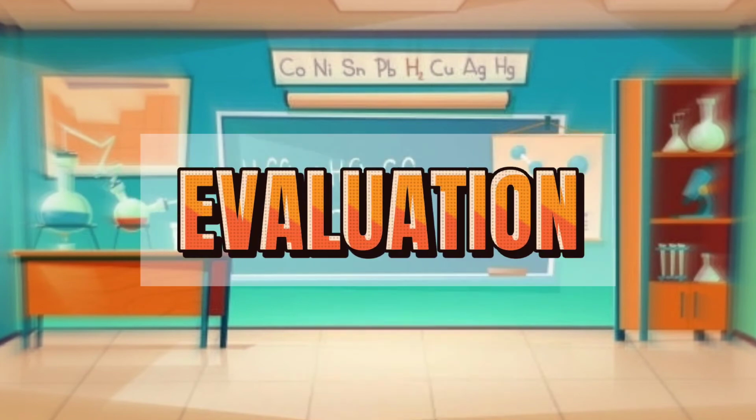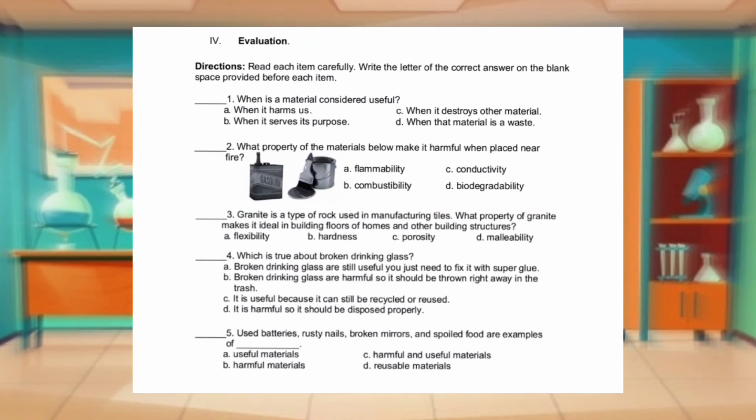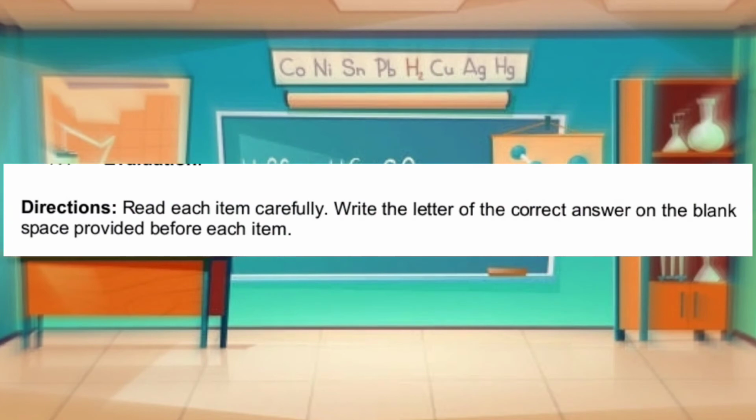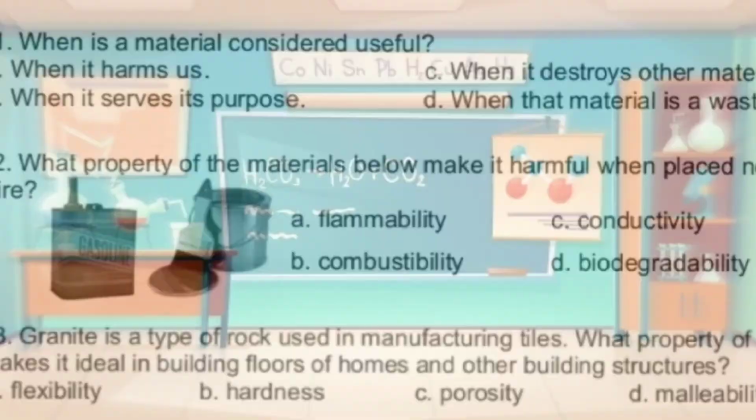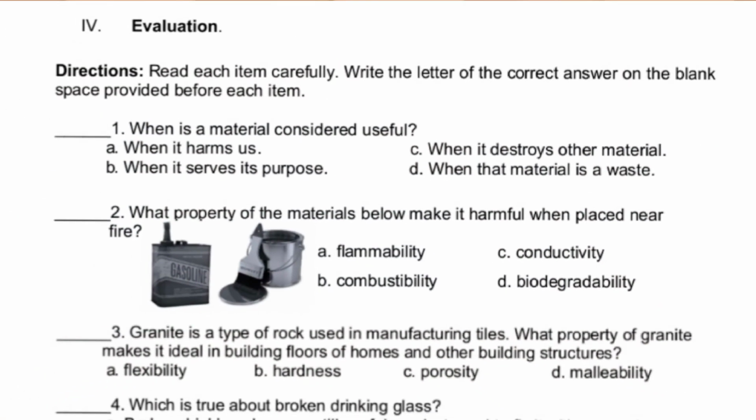For our last activity, I want you to read each item carefully. Write the letter of your answer in your notebook. Are you ready? Great! Number 1. When is a material considered as useful? A. When it harms us. B. When it serves its purpose.